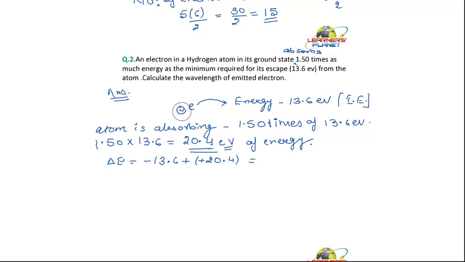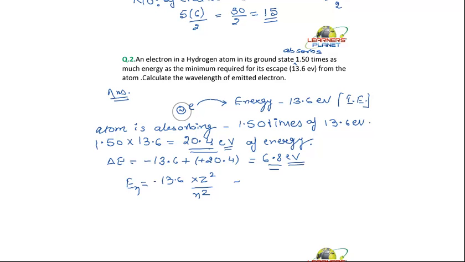It is 20.4 minus 13.6, and we get 6.8. So the energy of the electron has become 6.8. Now students, we don't know where the electron has moved after absorbing this energy, so let's find out. Energy is equal to minus 13.6 into Z square upon n square.